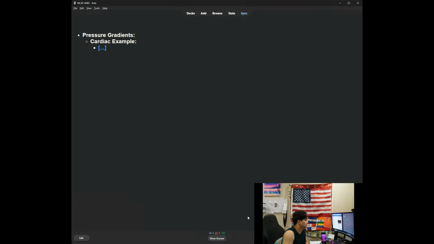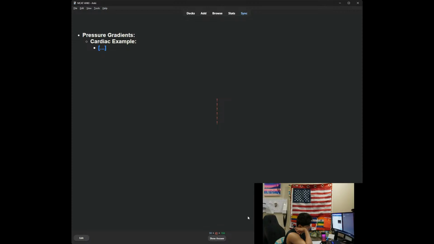Pressure gradients. Well, we have diastole and systole. Let's just go with systole first. In systole, we have blood rushing in, pulling at the ventricles, relaxing the ventricles. So we have the pulmonary valves closed.